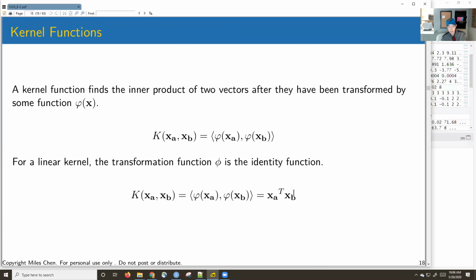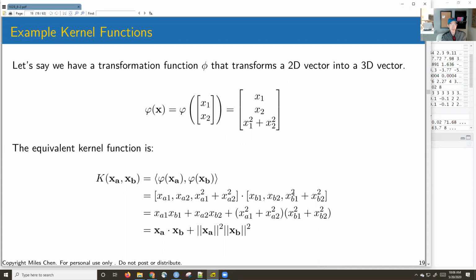But there are other kernels and other transformation functions, and we saw this already when we talked about SVM. When we talked about SVM, we said we can take a 2D point and project it into 3 dimensions, or do something similar by projecting it into higher dimensions.